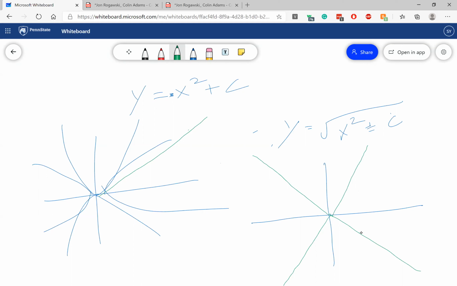But now if you add the c over here, you end up getting hyperbolas that approach these lines asymptotically. And you end up getting two, one corresponding to the positive x, one corresponding to the negative x. They approach these lines asymptotically.